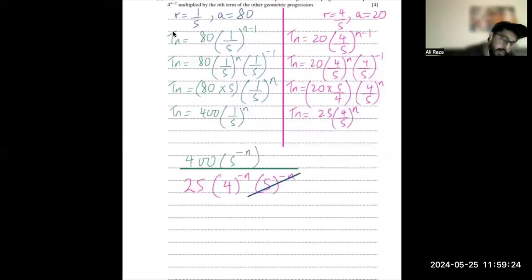These two 5 power n's get cancelled out. And we have 400 over 25 as 16 over 4 minus n.